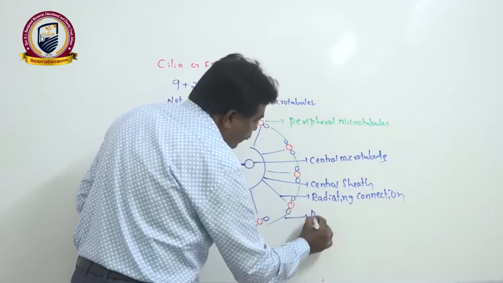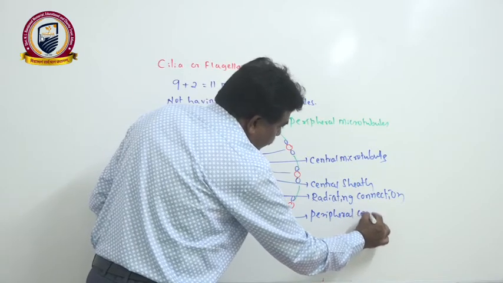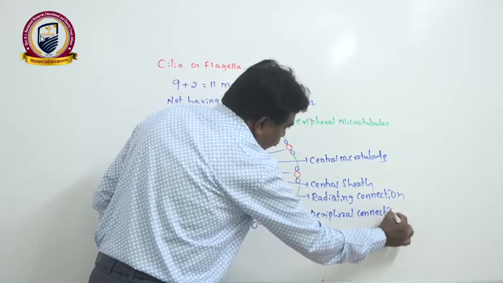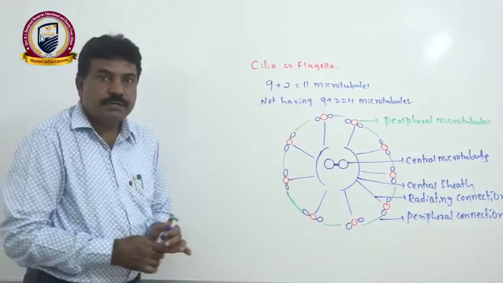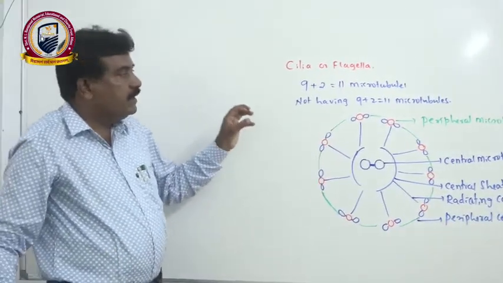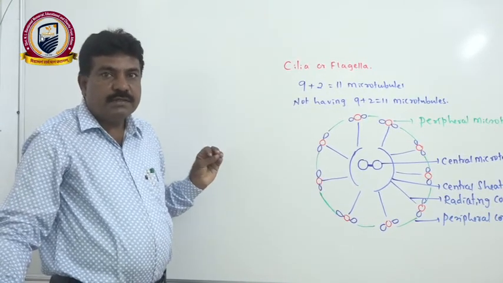We have peripheral connections. In such a way, a lot of similarity is seen between what? Cilia or flagella with the centrioles of an animal cell.